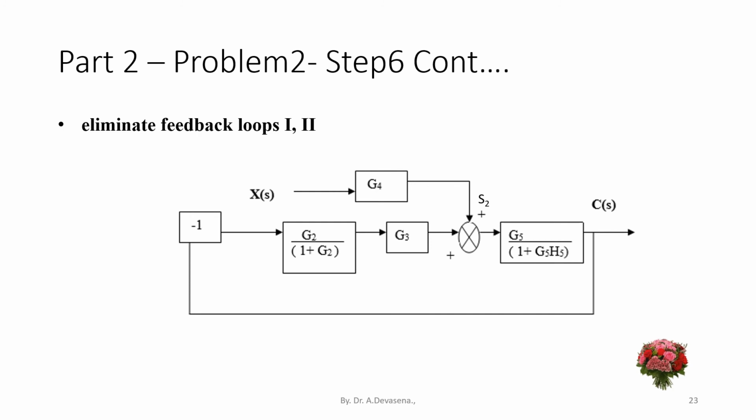That is a feedback loop which is having a feedback element H5. So if we eliminate the feedback loop 2, the resultant block will be G5 divided by 1 plus G5 H5.